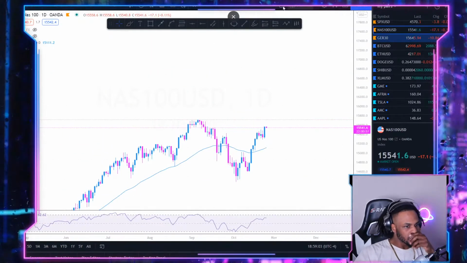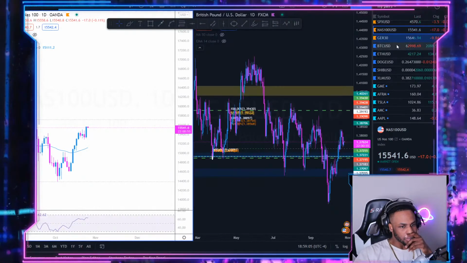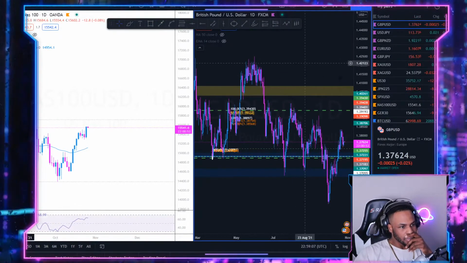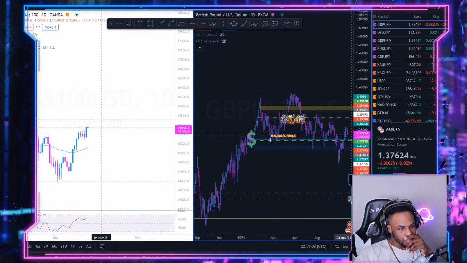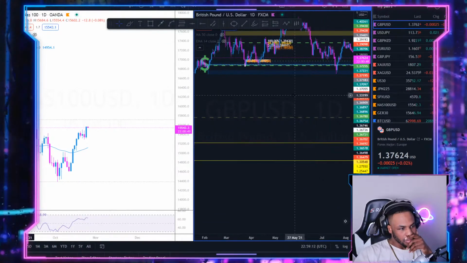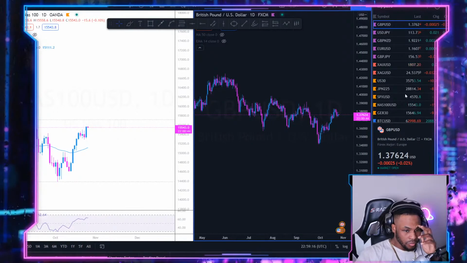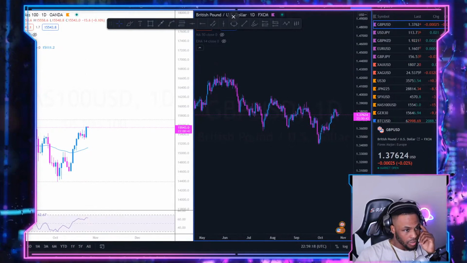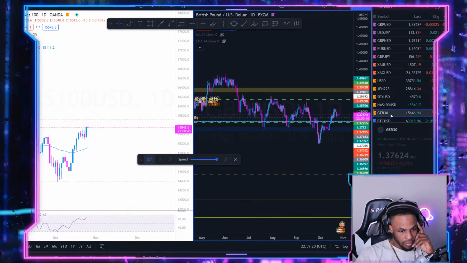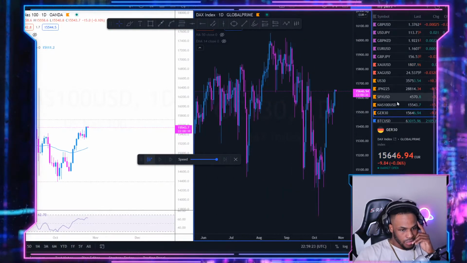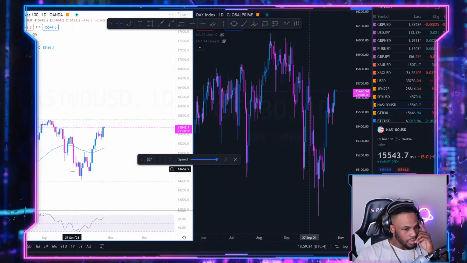You can change your layout here, put 2 charts next to each other. Oh wow, I haven't seen this chart in forever. That's crazy. Actually, I'll leave that. So German 30, got NASDAQ open there.